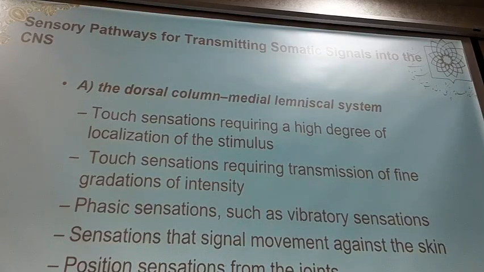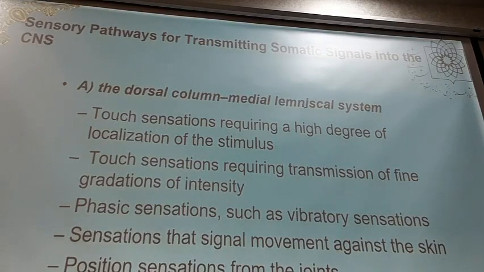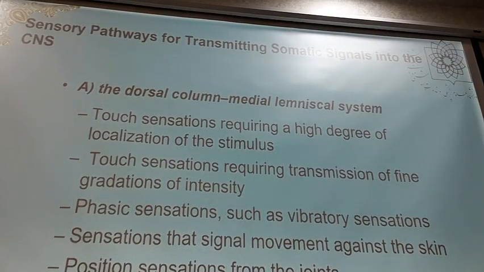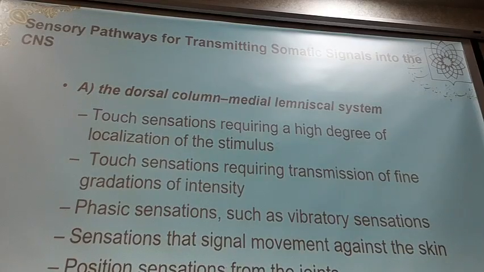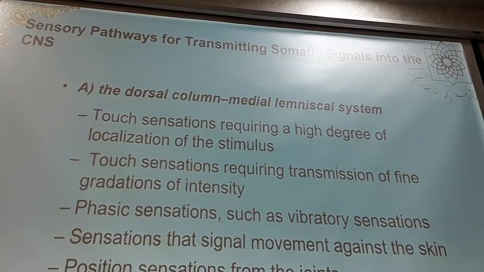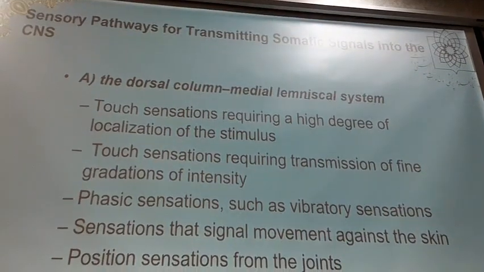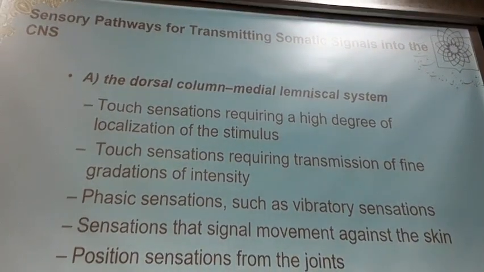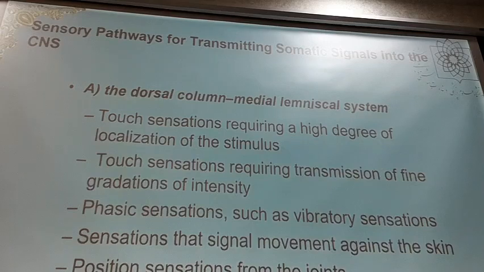When it is coming from the right side of the body, it remains on the right side of the spinal cord and ascends to the medulla in the dorsal column without any crossing. The first order neuron, therefore, is very long. It reaches the medial lemniscus.